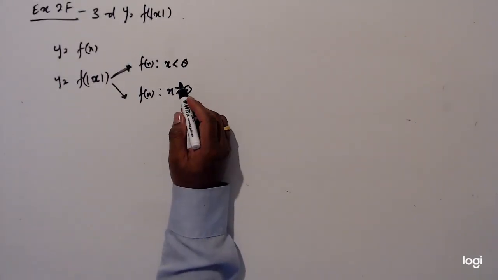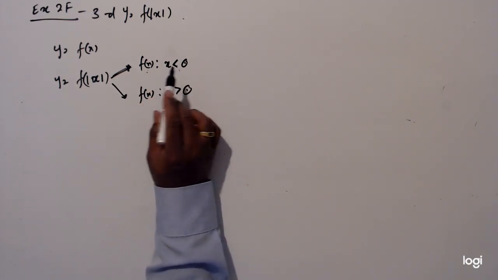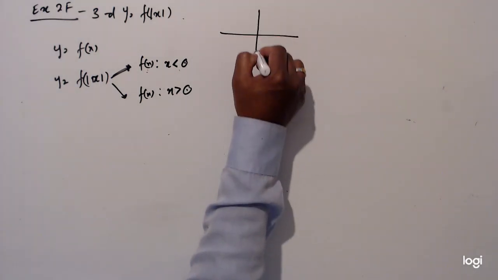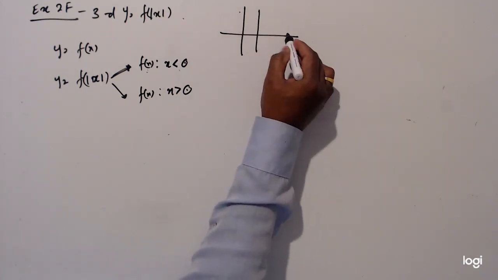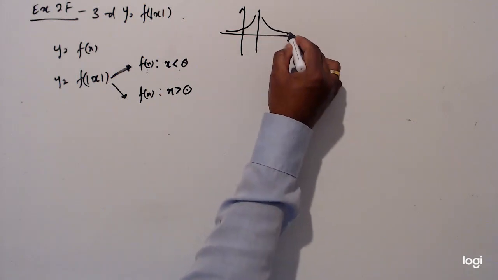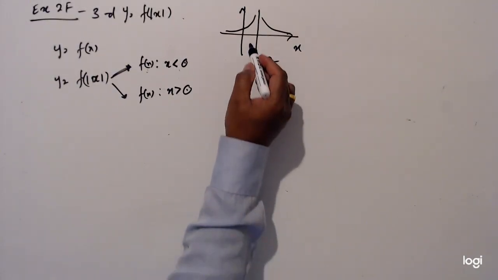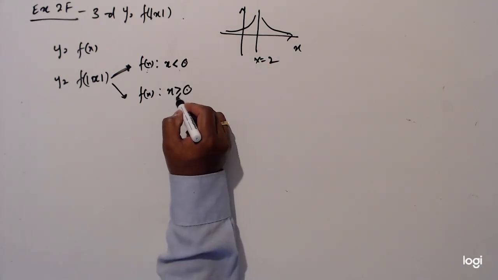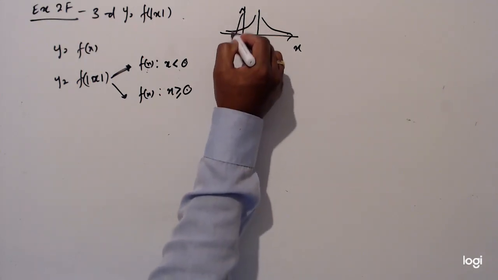So we have to consider two areas of the f(x) graph. So this is the f(x) graph. This is x equal 2, so one area is x less than 0 and this is greater than or equal. So the x less than 0 area is this one.